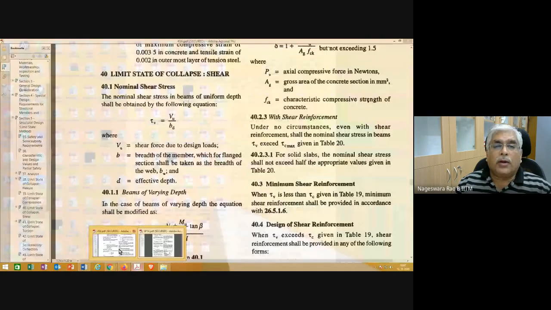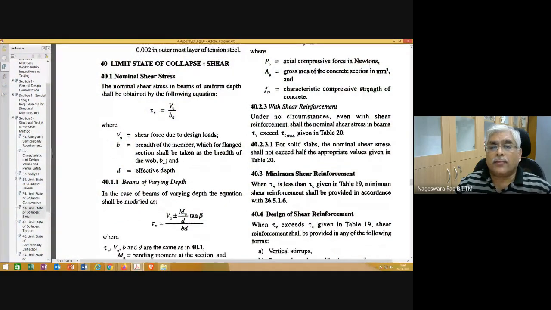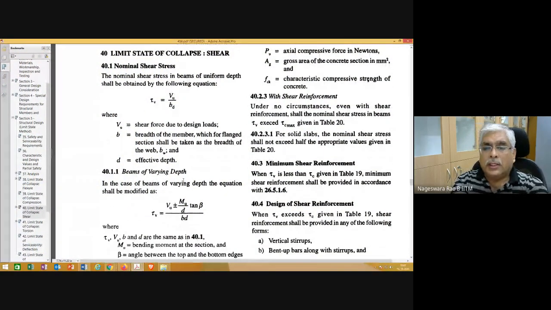So let me go to IS 456. Once again, please note that in tomorrow's class or in subsequent classes, we'll learn in detail, but let's go through the codal provisions at this stage. As per the code, nominal shear stress. You have a flexural member, a beam, subjected to some loading.